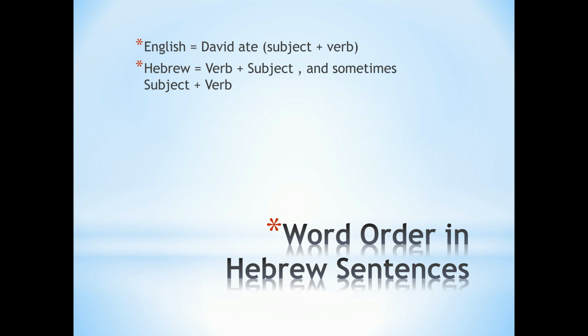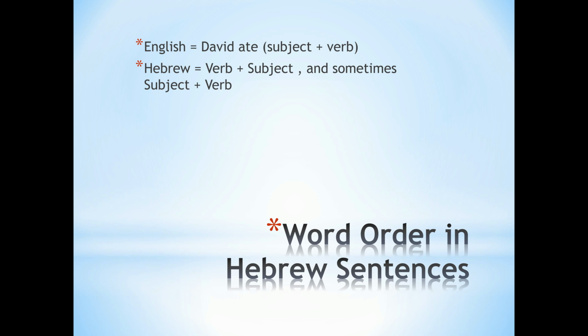For those of you who have learned foreign languages, you'll know that it's very easy to transpose grammatical or syntactical structures from our native tongue into the new language that you're learning.